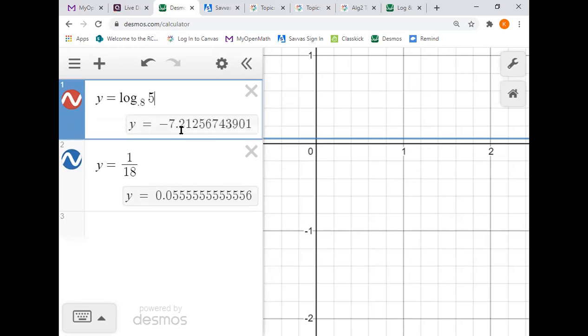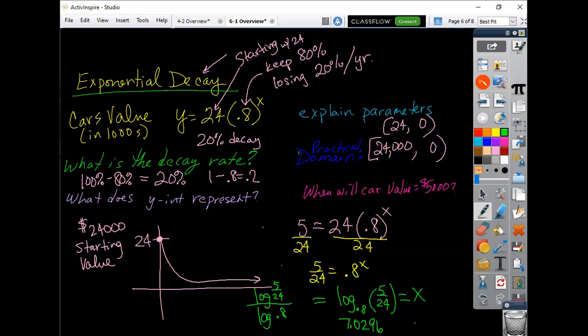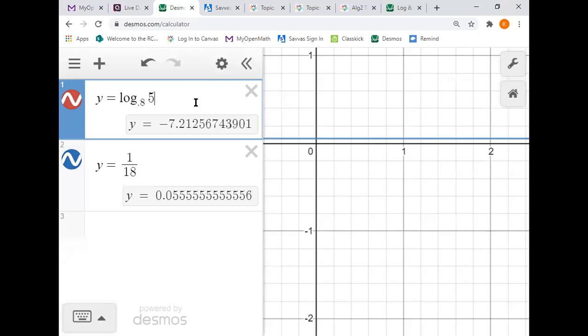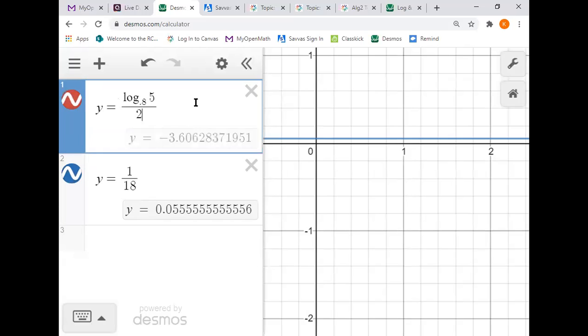So there's my negative 7.21256. Hopefully. So I'll write it on the screen here. 7.0296. Oh, it was log base 0.8 of 5/24. So I don't think that's what I did. 5/24.